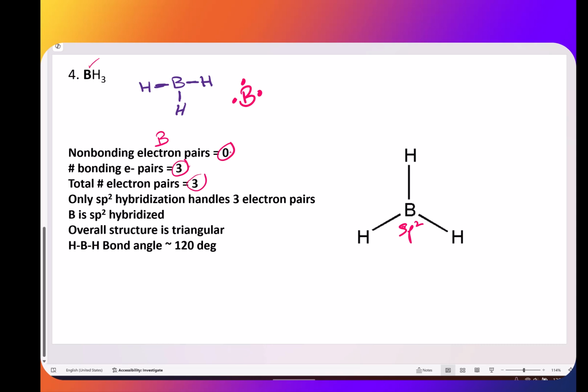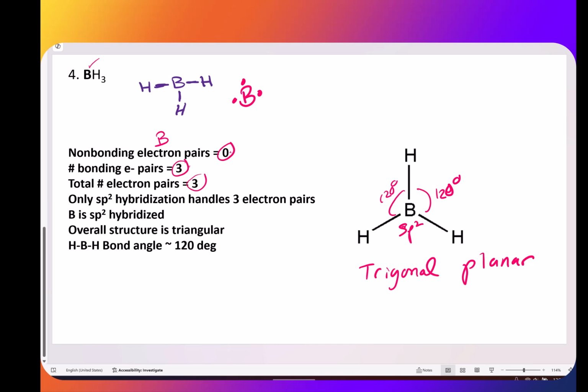That's a triangular shape. So we've drawn the 3 BH bonds at bond angles of 120 degrees there. And the overall structure is trigonal, triangular, but planar. Everything is in one plane. So that's how we use hybridization.